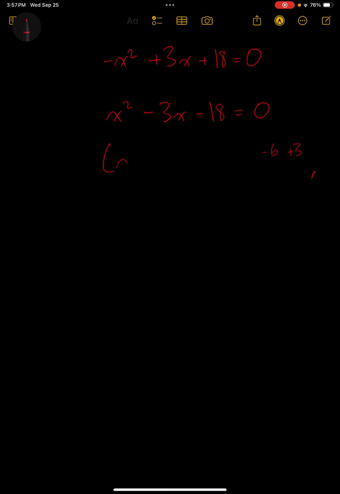So I can factor it in the following way: x on both sides, equal to 0, minus 6 on one side and positive 3 on the other. And I believe that's how you factor it.